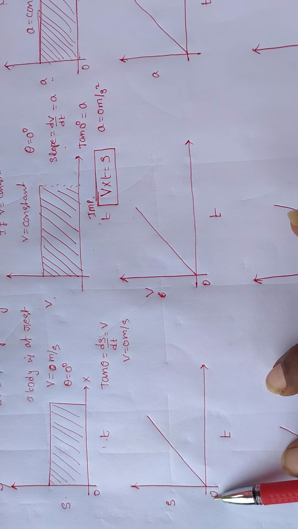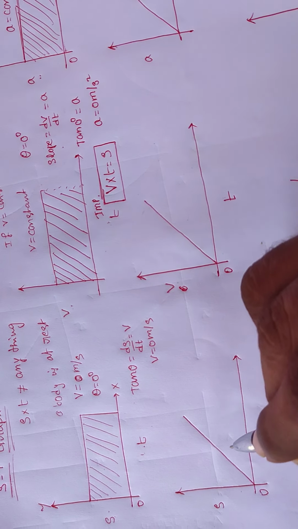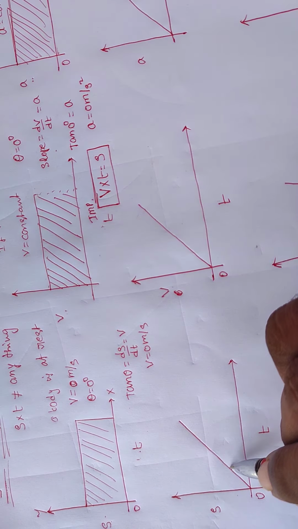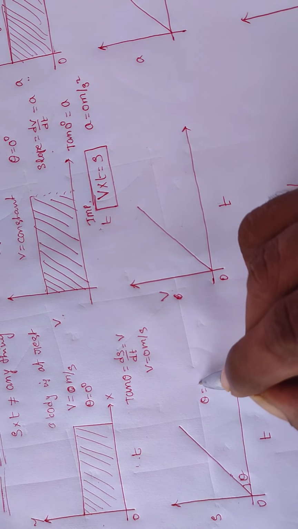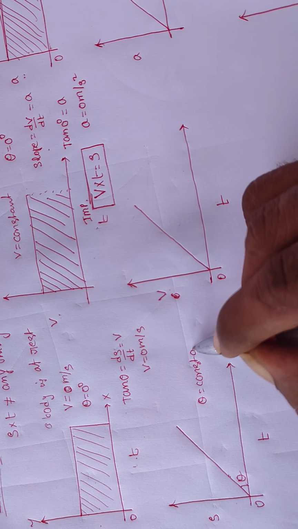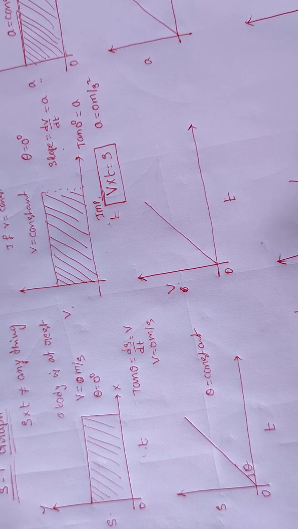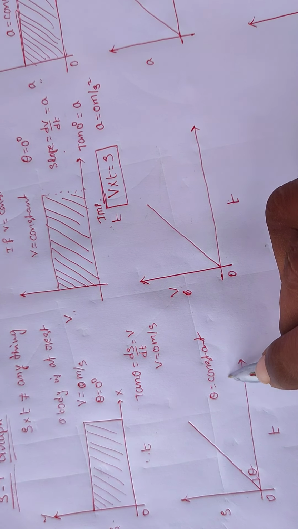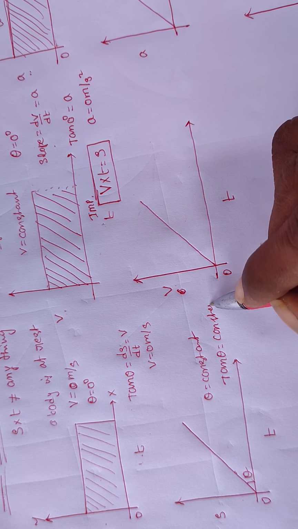Just identify the displacement time graph: the slope angle is constant. Theta equals constant. Understood? So tan theta equals constant.